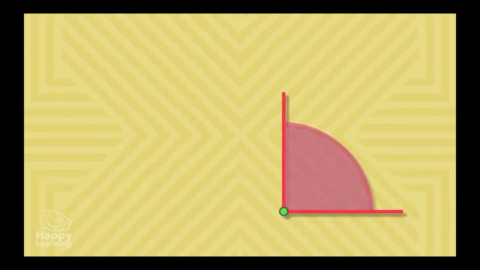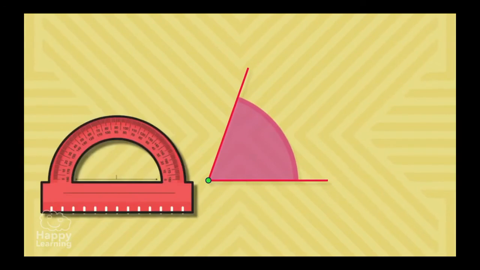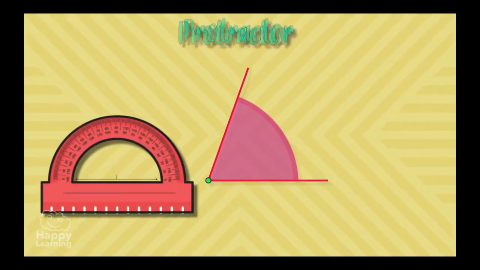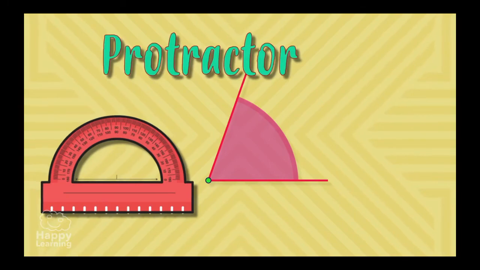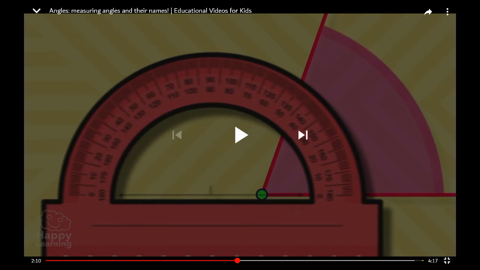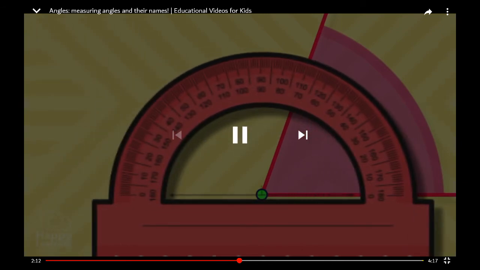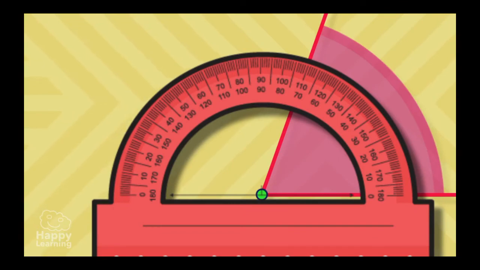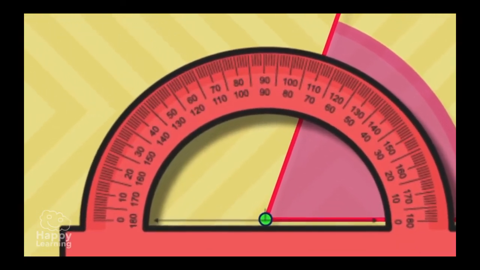To know the degrees that an angle measures, we need to use this instrument, which is called a protractor. As we measure lines with rulers, we measure angles with protractors. We place the straight part of the protractor over one of the sides of the angle, making the vertex and the central point of the protractor meet.